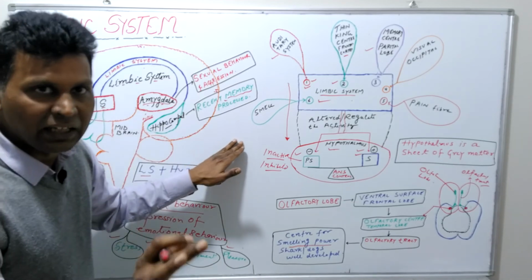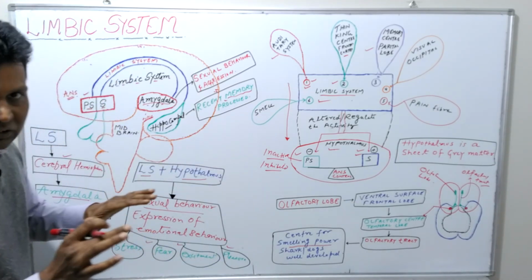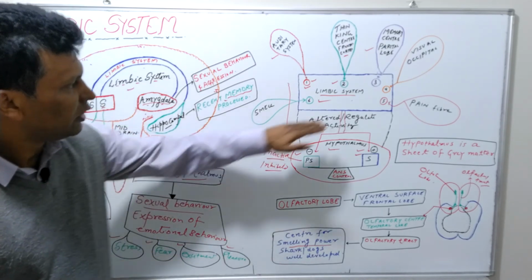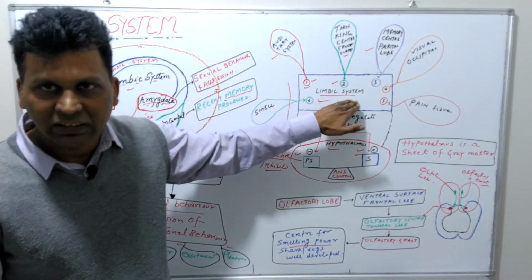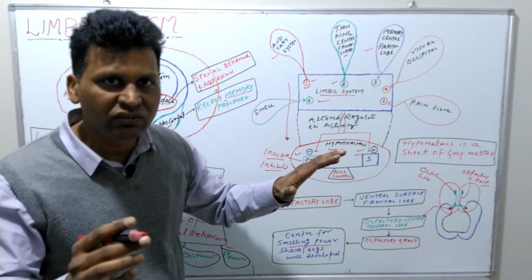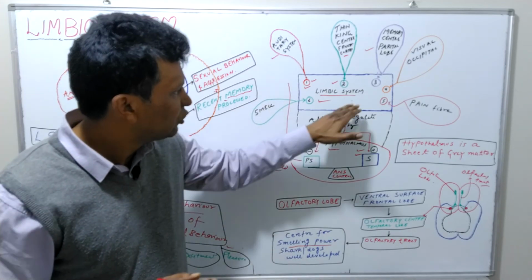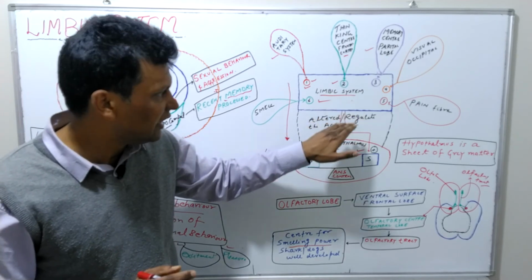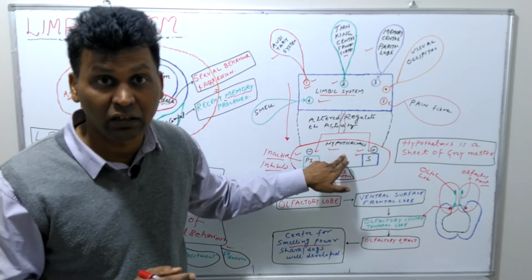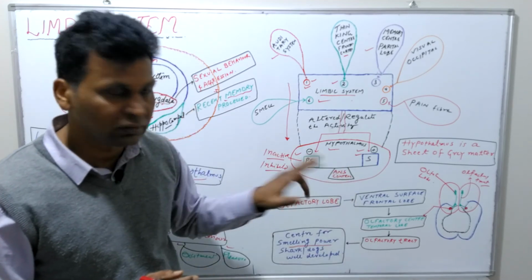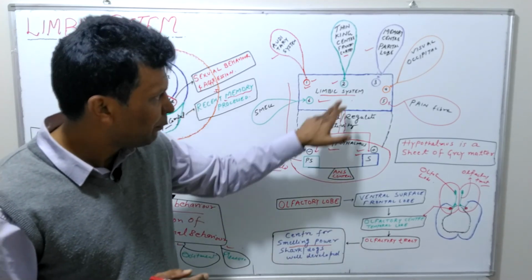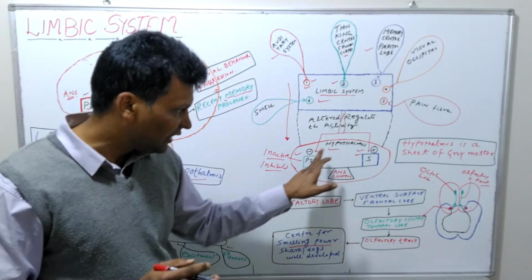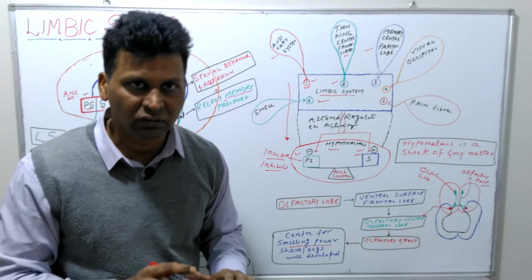Now I am going to summarize everything. What is your limbic system? Your limbic system is concerned with your emotional behavior, that all the activity in your body is coming to the limbic system, and here the limbic system is going to analyze, and this limbic system is a major regulator or controller of the hypothalamus. Whatever information is given by the limbic system to the hypothalamus, it is going to work on that basis.